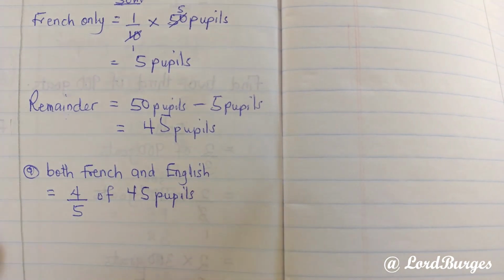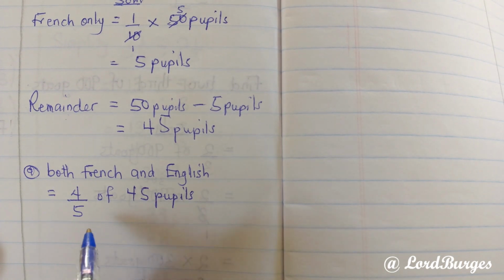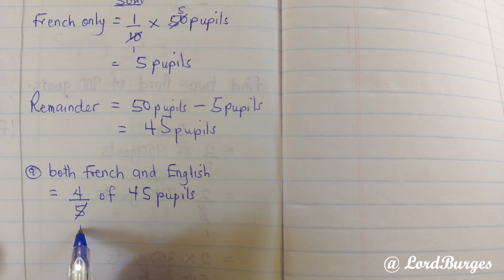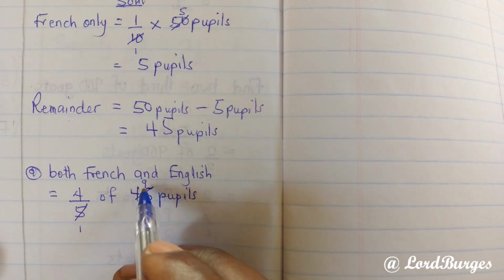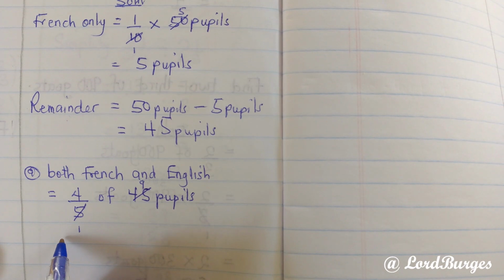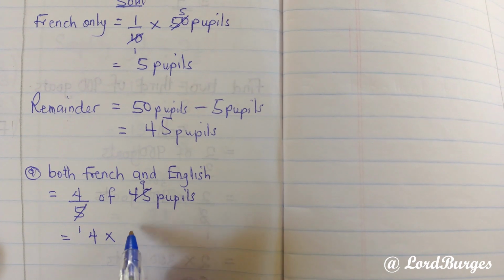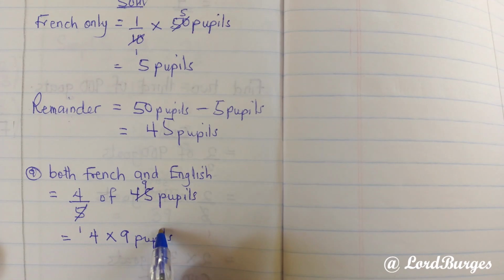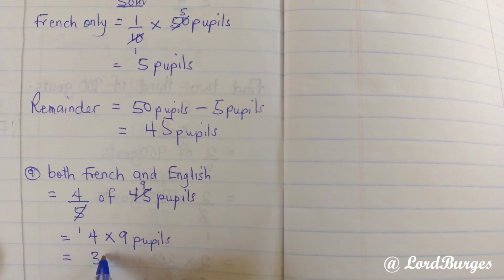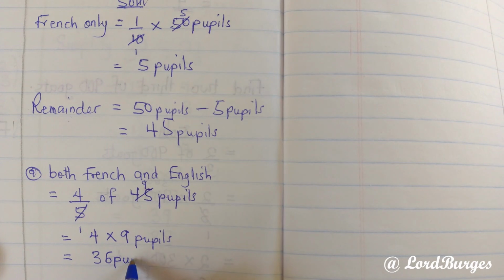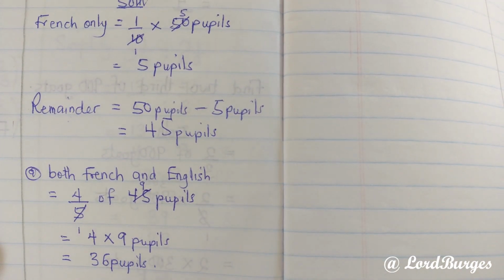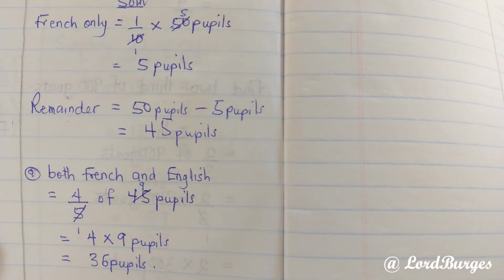So at this stage, 5 into itself is 1, 5 into 45 is 9, which is now giving us 4 over 1 times 9 pupils, which is 36 pupils. So 36 pupils speak both French and English.